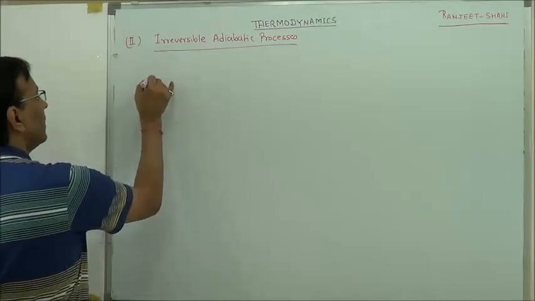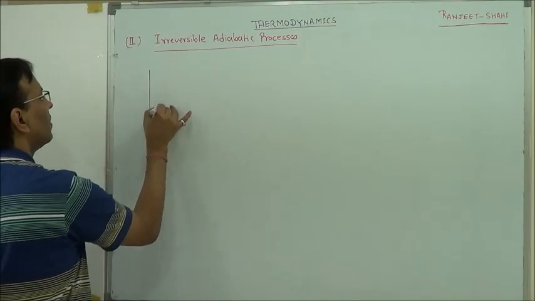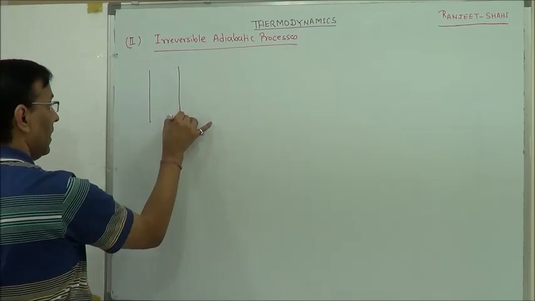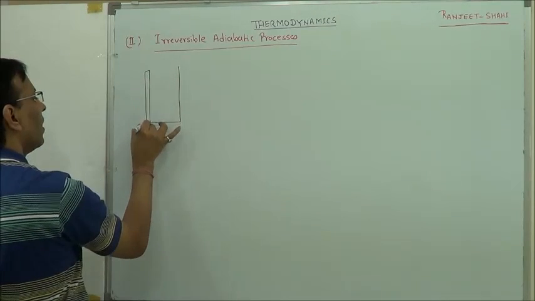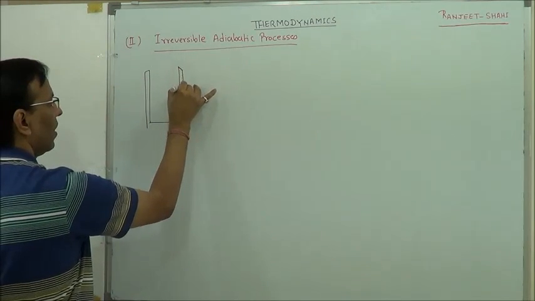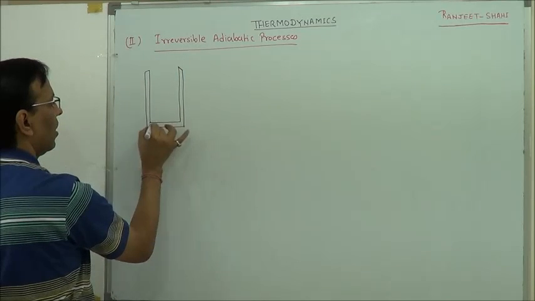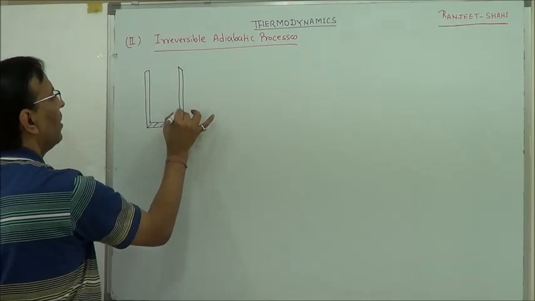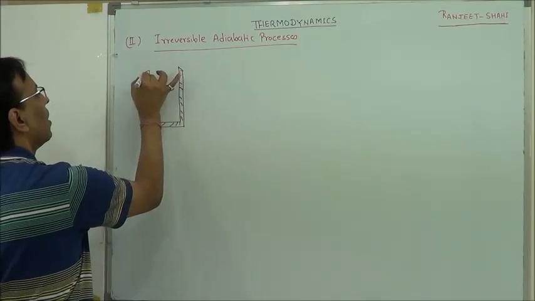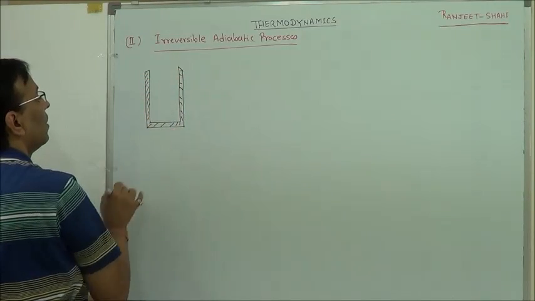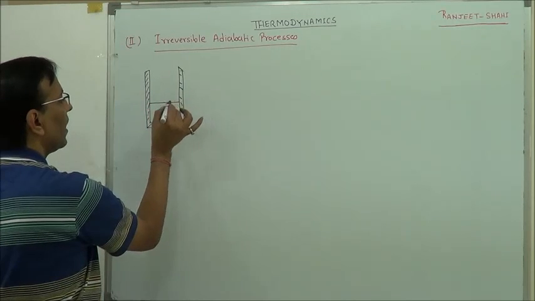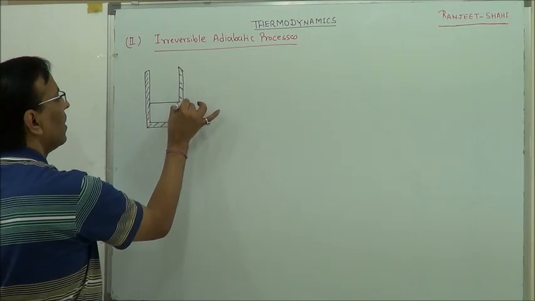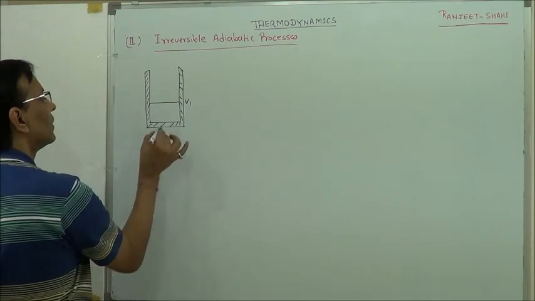Suppose we have an insulated piston containing some gas initially at volume V1.